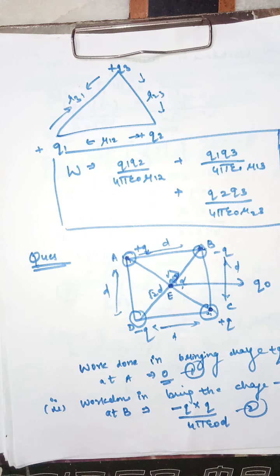How much extra work must be done to do this? What did we do? We have brought a test charge Q naught at the center E of the sphere. So how much extra work is required for this purpose?